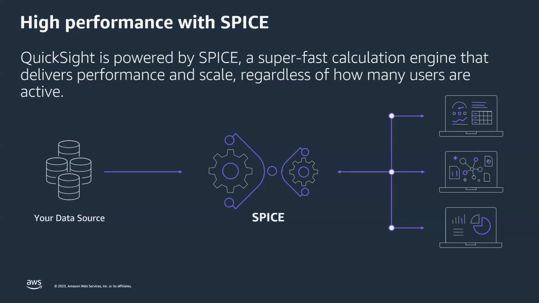SPICE, right? So in QuickSight, there are two ways to access your data, right? Either you can have a direct query to your underlying data sources, databases, or you can ingest that data into SPICE, which is a super-fast parallel in-memory calculation engine, right? SPICE provides you consistently fast performance, no matter how many concurrent users you have. So you can scale concurrency of users from 10 to 100 to 100s of thousands. SPICE will scale up and down to meet your requirements.